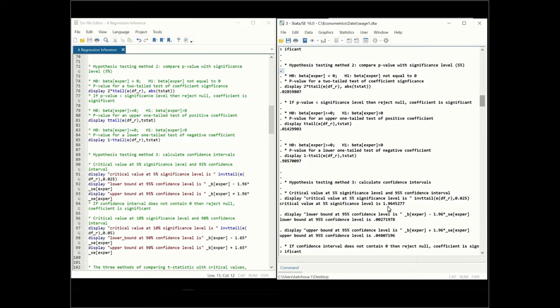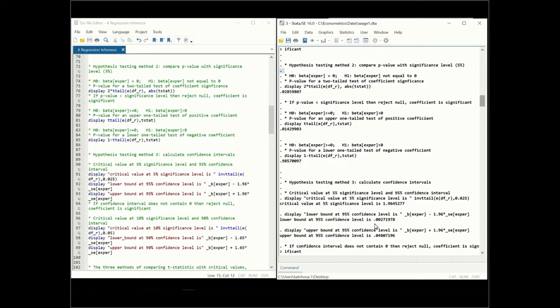That's the t-critical value with 5% significance level. The lower bound of the 95% confidence interval is the coefficient _b for experience minus 1.96, the critical value we found here, times the standard error of the coefficient, and the upper bound is the coefficient plus 1.96 times the standard error.